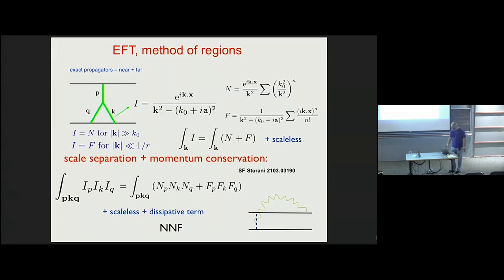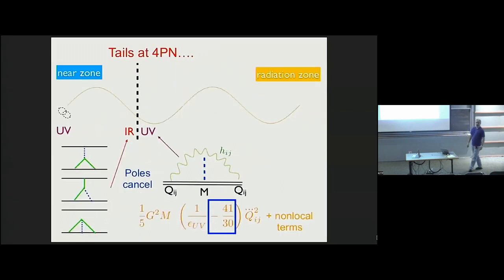And so with this knowledge, we can just go on and show you how it works at 4 PM, where everything is non-controversial. So pictorially, what I said before is the following. In the near zone, where everything is in the N approximation, you have some diagrams which are ultraviolet divergent.